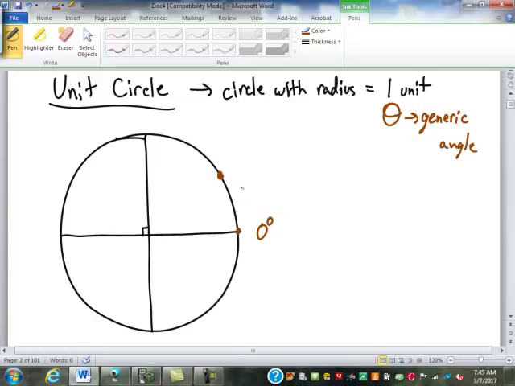But let's say that arc is theta degrees. Just like saying x degrees or whatever. So what that means is if I draw the radius from the center of my circle out to that point, this angle in here is also theta degrees.